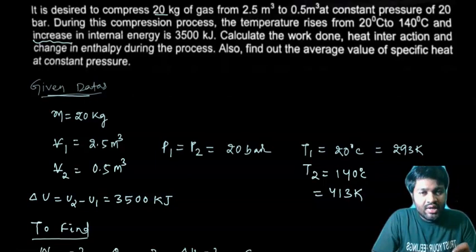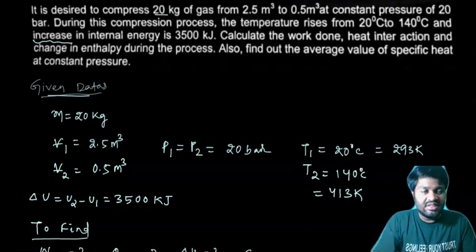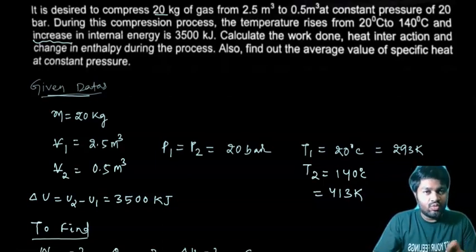And what we are doing, we are trying to compress, right? That means we are pushing the piston towards the inner dead center, right? So during this process what will be happening, the volume obviously is decreasing, but temperature is increasing. Okay, so volume is decreasing, temperature is increasing, and pressure is remaining constant.